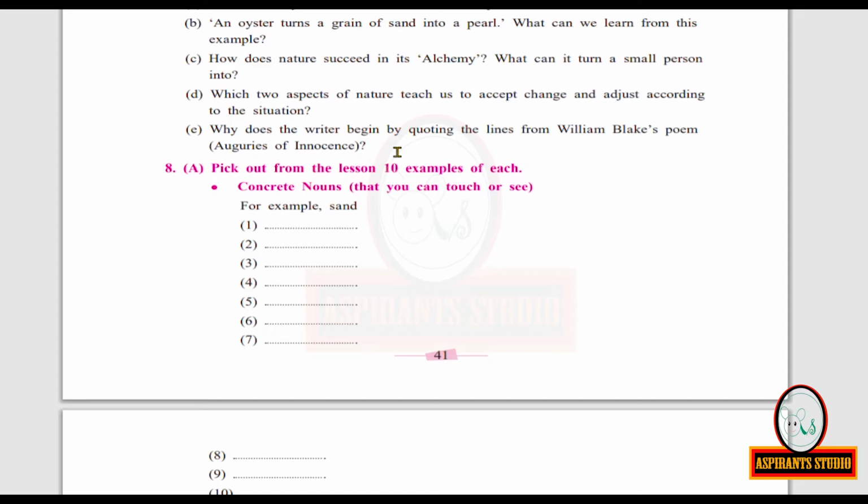See the next question. Why does the writer begin by quoting the lines from William Blake's poem, Auguries of Innocence? Answer.